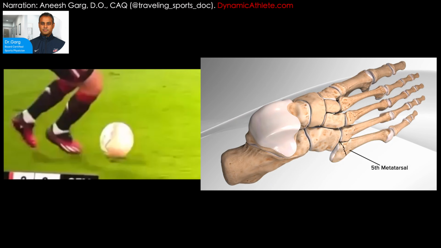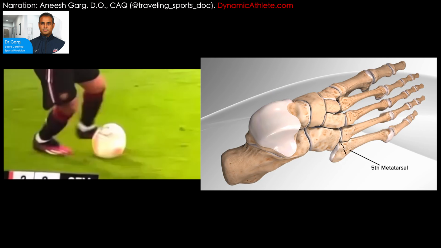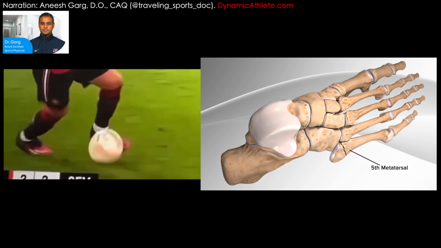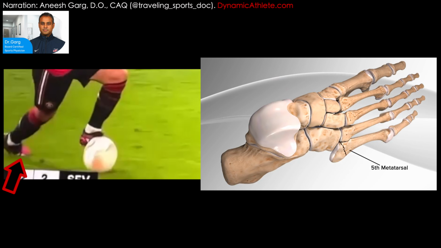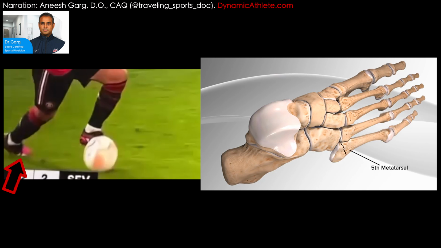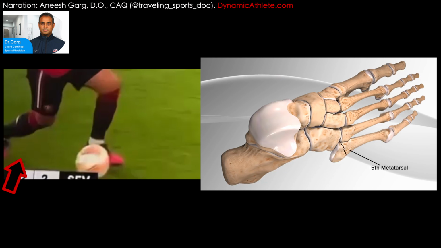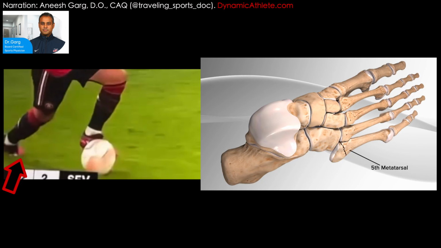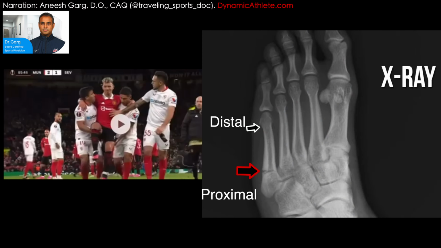As we go through this, what was the cause of this injury? It's the plant, the rotation, and the high force stress that is put on the fifth metatarsal. The treatment for this is going to be non-weight bearing for 6 weeks, and determining whether or not this is going to be a surgical case is multifactorial. The first part is where the actual fracture is, since it is blood supply dependent.